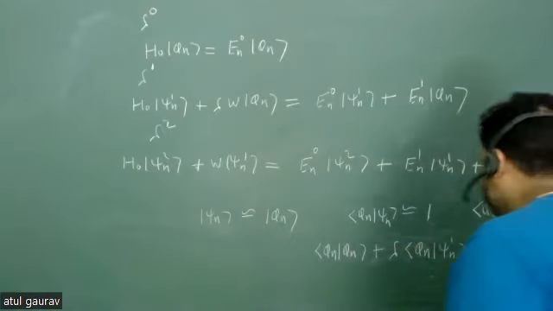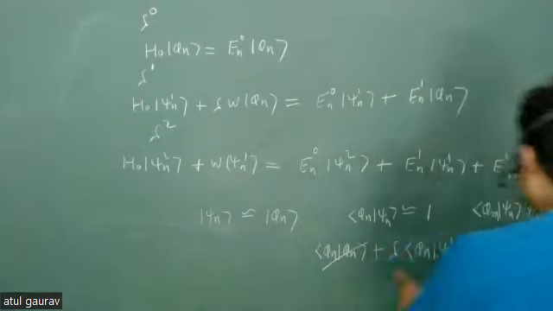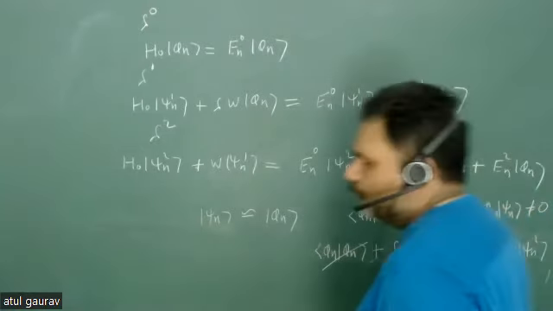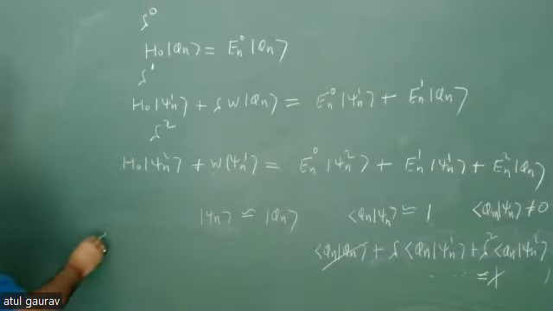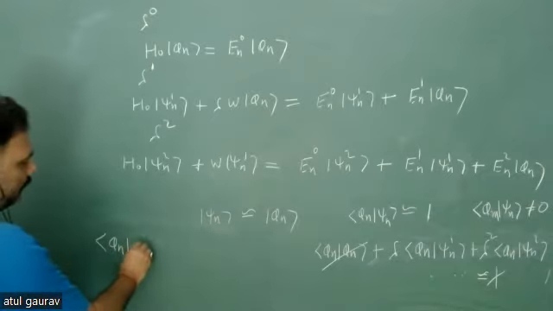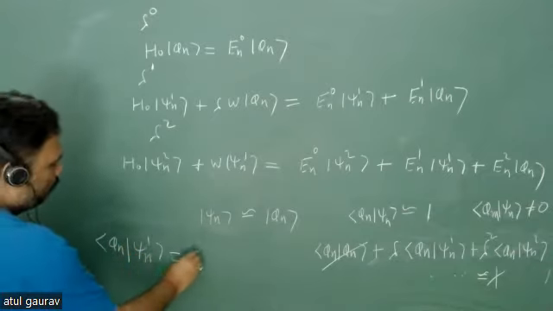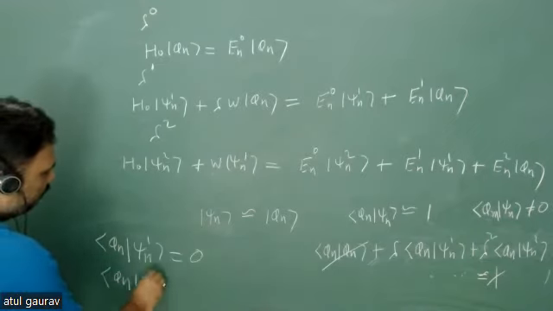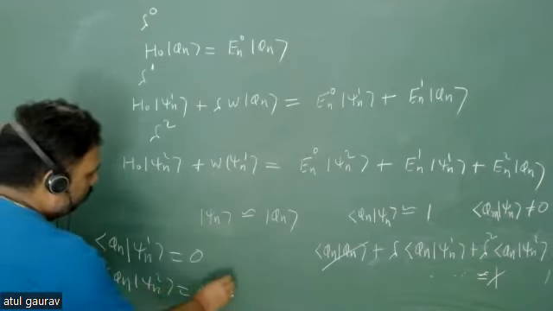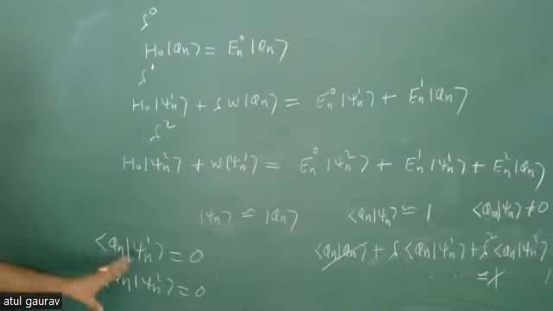So what will happen? This and this term are going to cancel out, and we can again equate the coefficients on both sides. So what is the relation? Phi n and psi n1 must be equal to 0. Phi n and psi n2 must be equal to 0, and similarly all other terms.